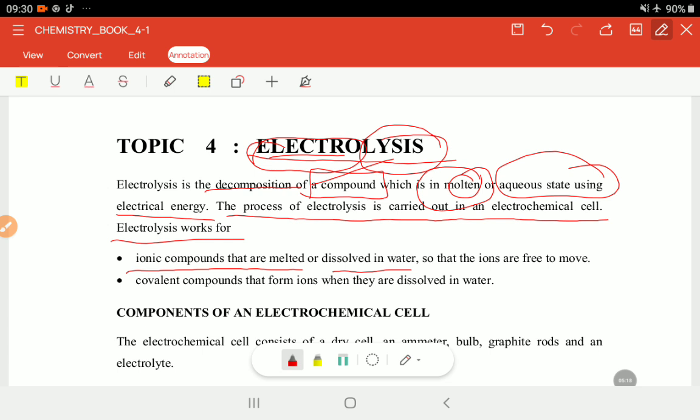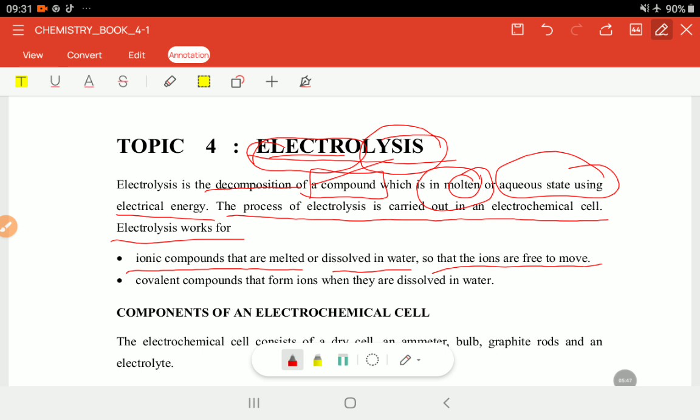That is why we say aqueous solutions, which contain free ions that move. And remember, for electricity to conduct, we need ions that move, both negative ions and positive ions moving in that solution.